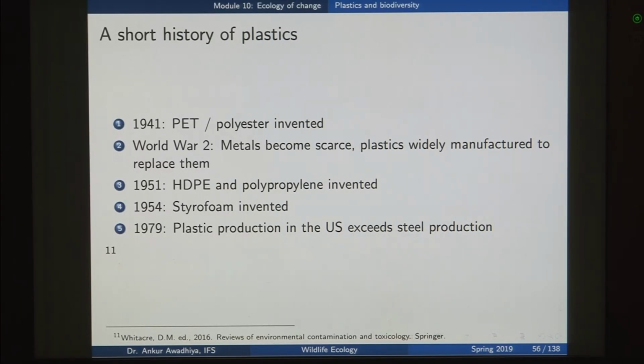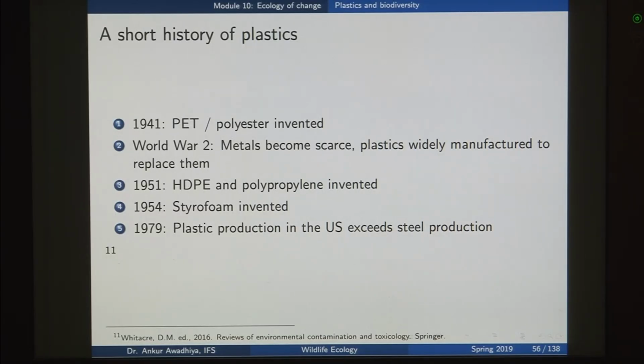This got a major boost during World War II, and then this boost continued. In 1951, high density polyethylene and polypropylene got invented. In 1954, you had the invention of styrofoam, made out of polystyrene, and it became available for a number of packaging applications.